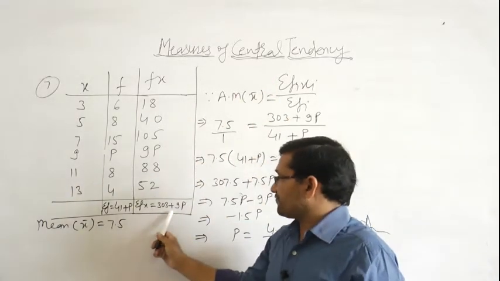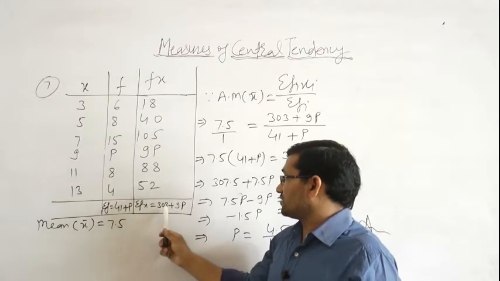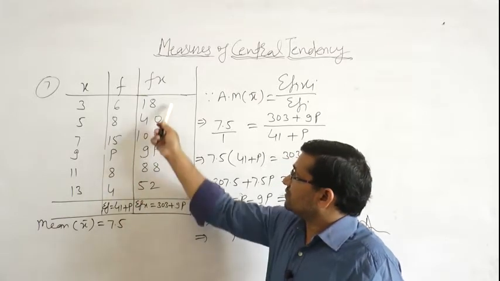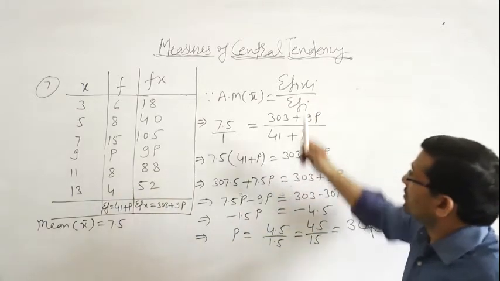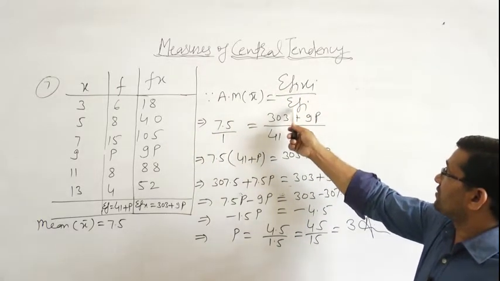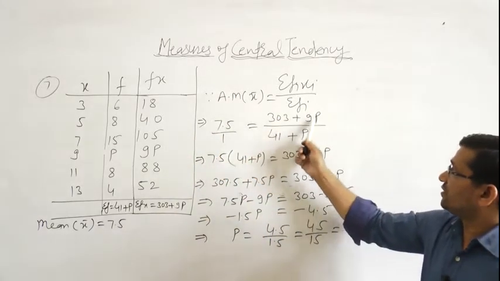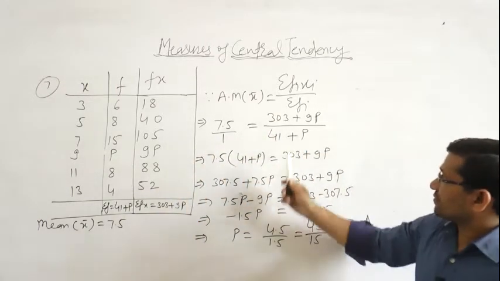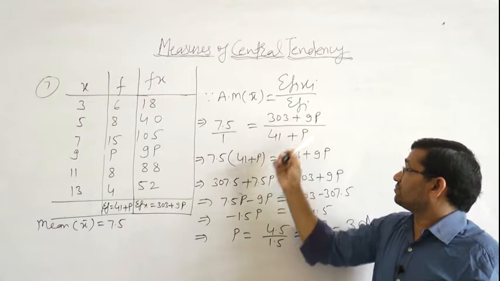Then sigma fx, we get 303 plus 9p. 9p is the variable and these are constants. We know that arithmetic mean x bar is equal to sigma fi xi divided by sigma fi. Arithmetic mean is given, 7.5 is equal to 303 plus 9p divided by 41 plus p. By cross multiply, 7.5 multiply 41 plus p is equal to 303 plus 9p.